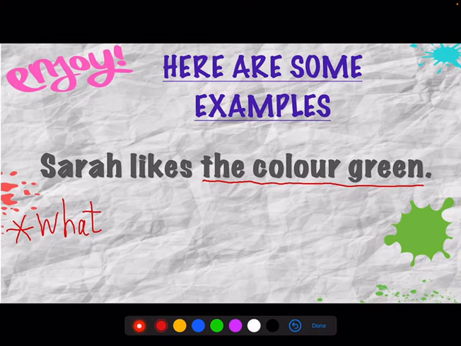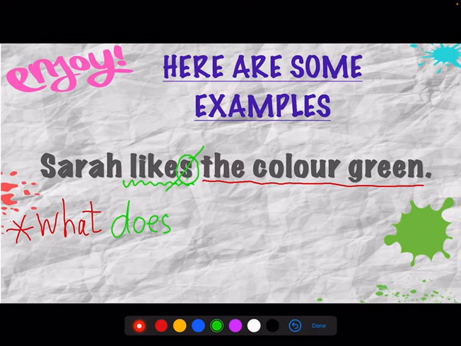Now pay attention. You have to check your verb. Where is the base verb in this sentence? The base verb here is likes. But pay attention, here you have S with the verb. And we know that if you have S with the verb, you have to change it to does.